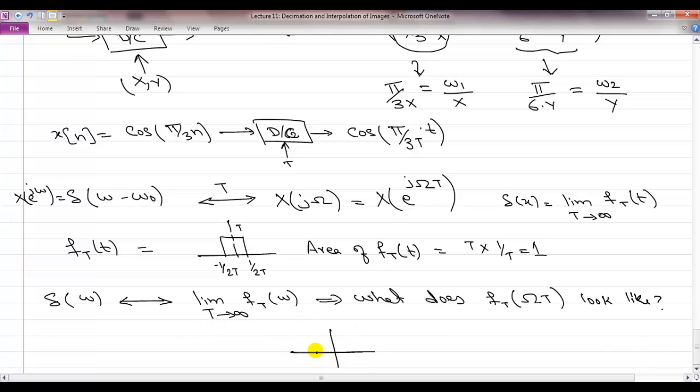Now I have a scaling of the axis. I shouldn't use the same T, so let's use capital X here. So I get 1 over 2 T X to minus 1 over 2 T X. And the height is still T. This thing is only scaling my x-axis. It's not going to scale the amplitude. So what is the area of this thing now?